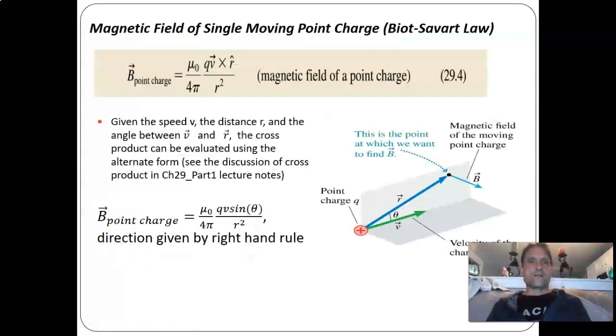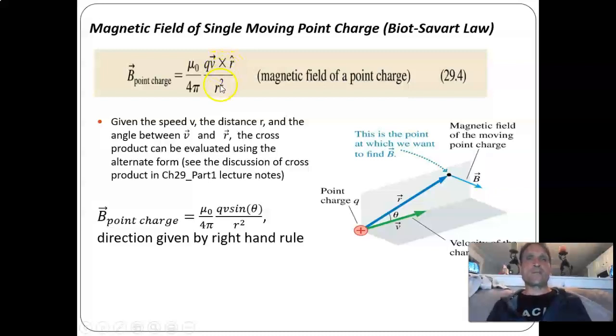Okay. So if we have V and if we have R in Cartesian coordinates, we can compute the cross product as we did the other day, and we'll do another example shortly, using the coordinates of each.